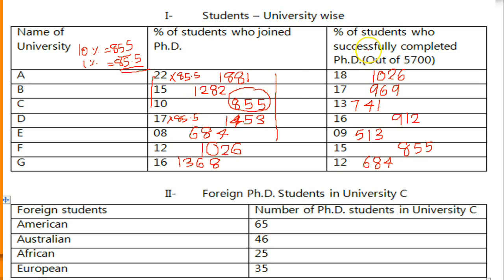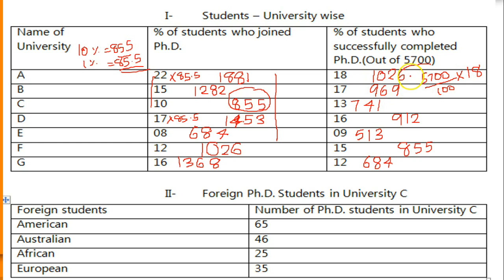Next we will be finding the number of students who successfully completed. Here it's given that the total is 5700, so we will be finding 18% of 5700 and 17% of 5700. You will be using the equation: 5700 by 100, you get 1%, into 18 you get 18%.